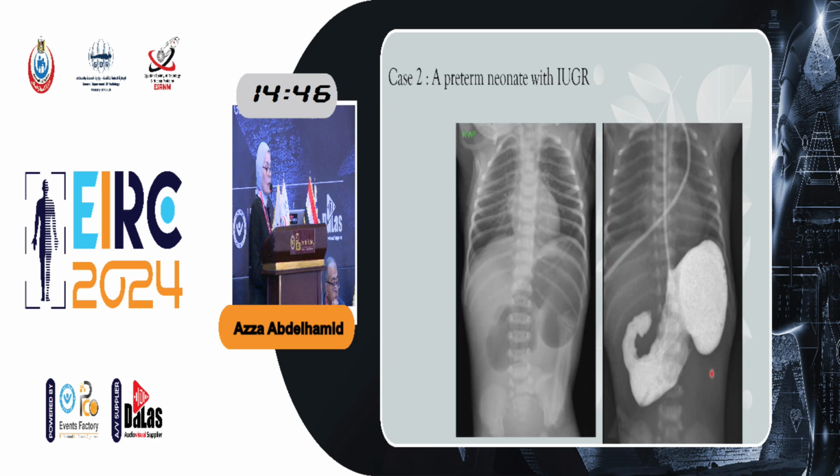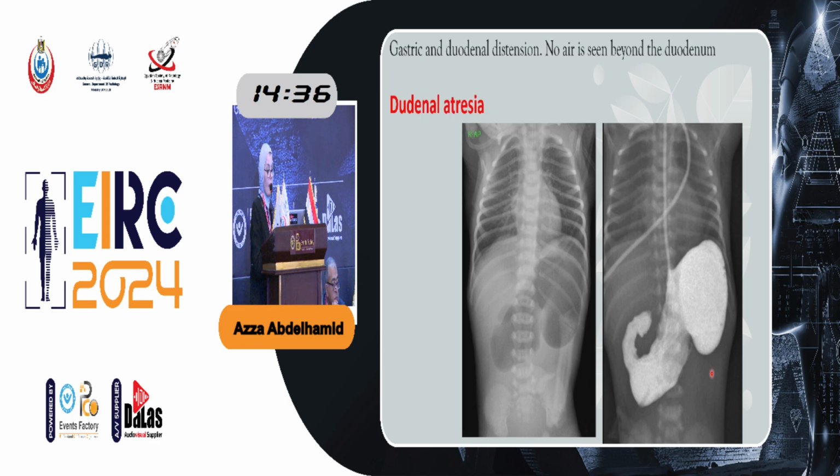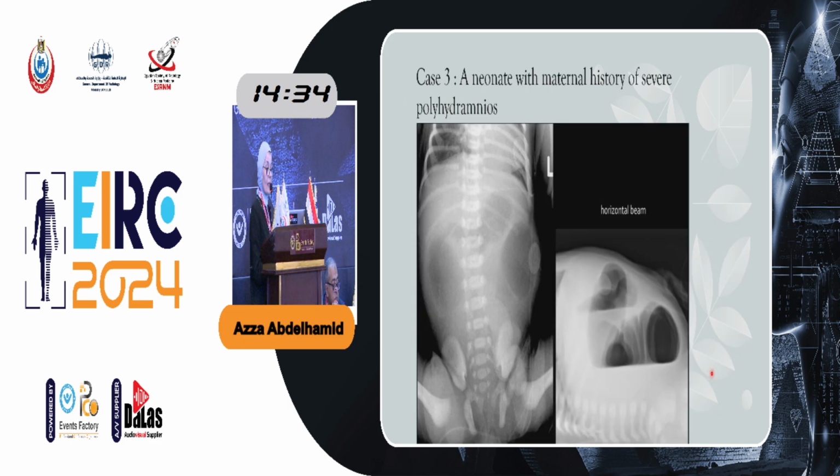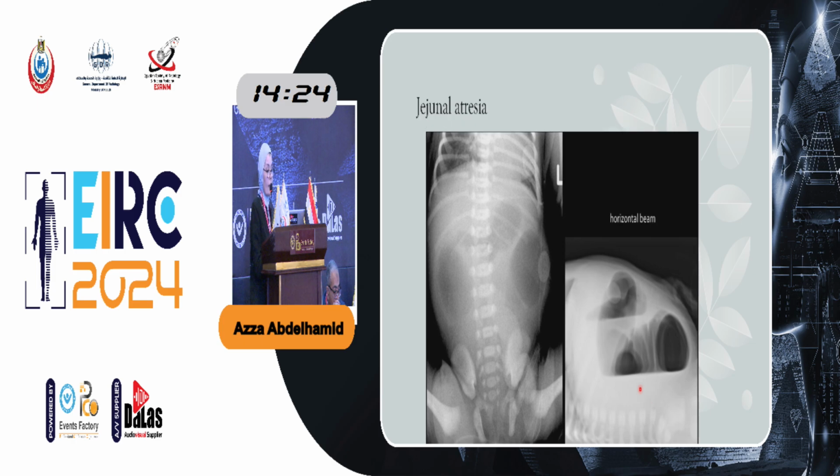Now, let's go to our next case, double bubble. So you know that's less than 3, okay, so it's high obstruction and typical for jejunal atresia. This is 3 dilated bowel loops with the horizontal beam. You can appreciate the jejunal loops, frontal orientation, so this is jejunal atresia, okay.